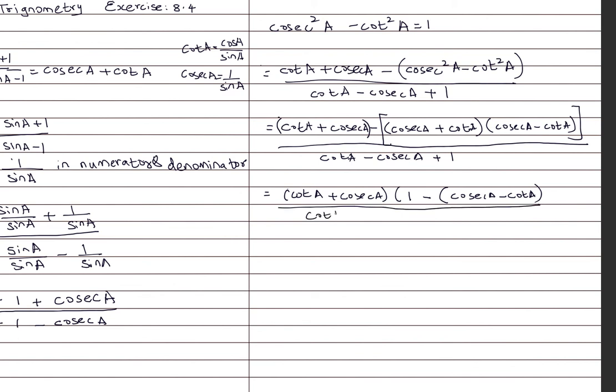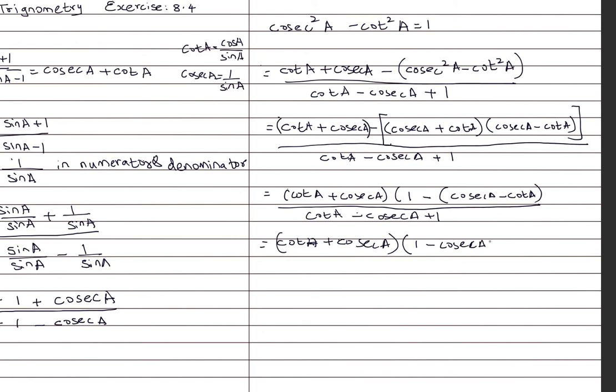I am going to simplify it further. Cot A plus cosecant A, I am writing in a bracket, and then this is 1 minus cosecant A. Minus into minus is what?